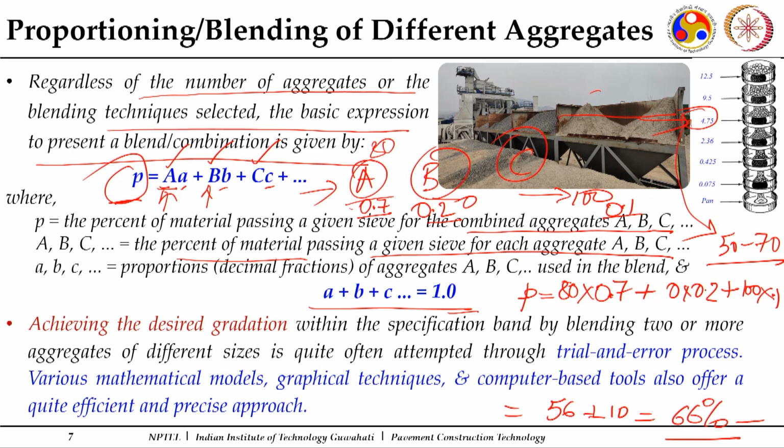But if the range is given as 50 to 60 only, then this proportioning or this blend is not okay. Now, I am checking this only for one sieve. I have to check what all sieves are required in that gradation.